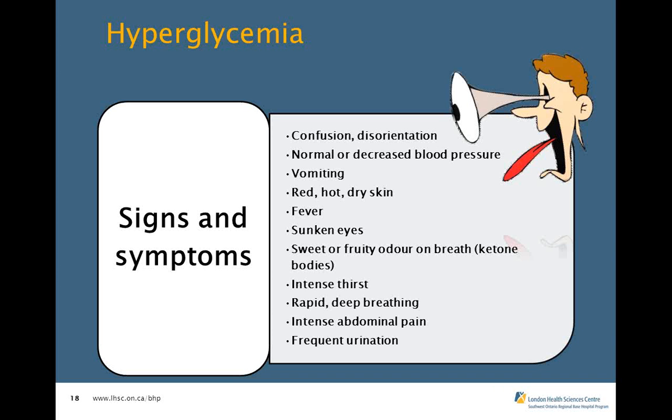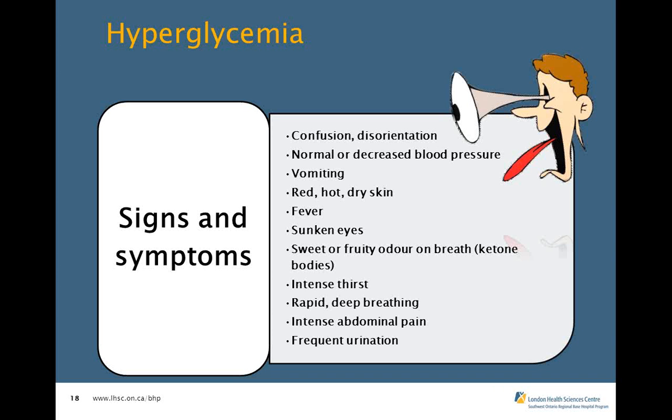And the way the kidneys work is that the kidneys filter, obviously, your blood. They will filter out glucose, and as long as it's in a normal range, as it passes through the tubules, the glucose is reabsorbed back into the blood, and you don't end up with any glucose in the urine.